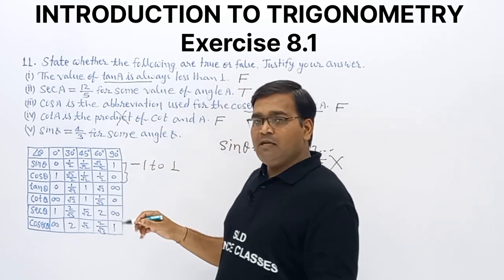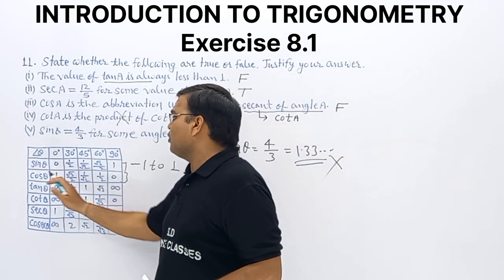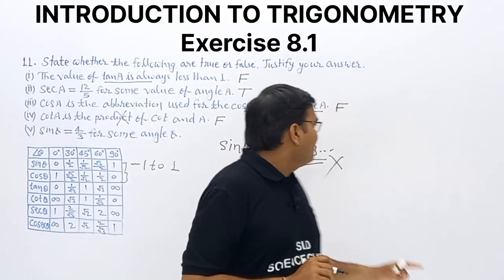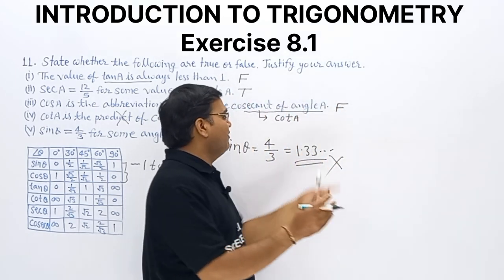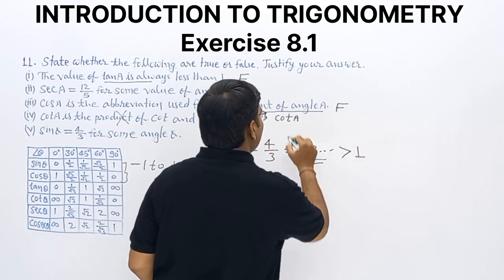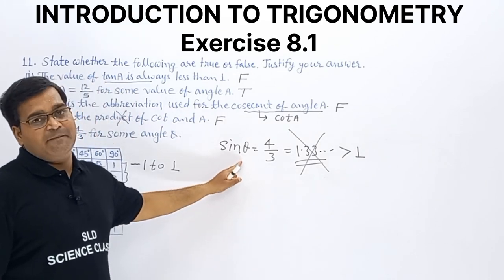So for any angle, sin theta and cos theta lie between -1 and 1. But this value is greater than 1. So we can say this is not the value of sin theta.